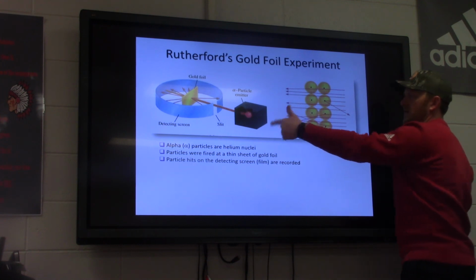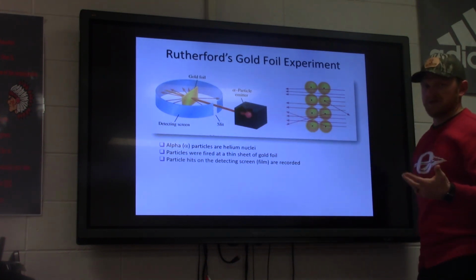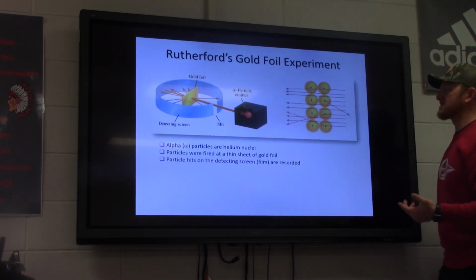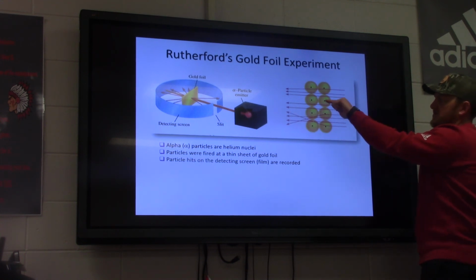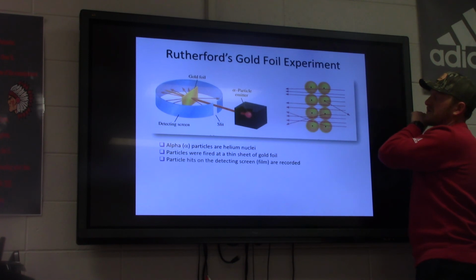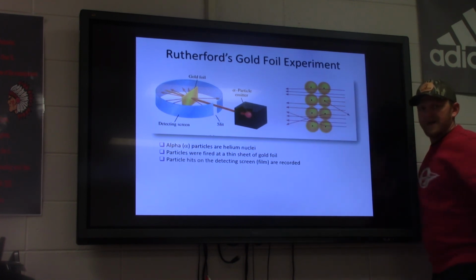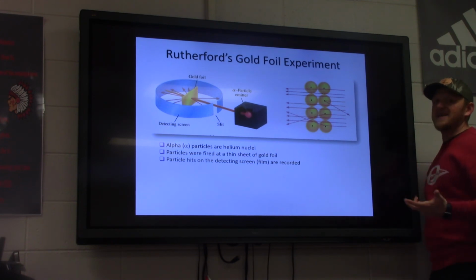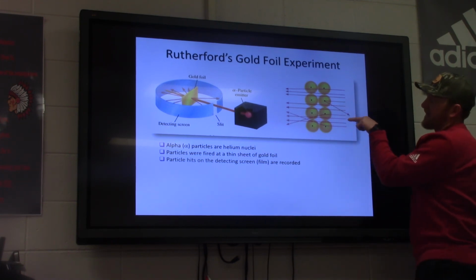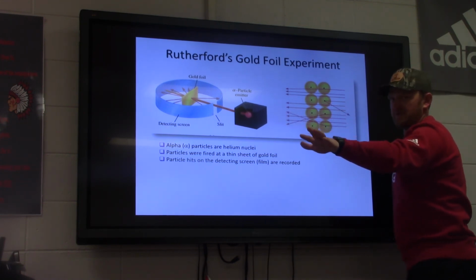And remember, these particle emitters are a positive charge. If this goes through as a positive charge, a positive and a positive are going to reflect. So when this would hit the center of the gold foil, boom, it would bounce back. So therefore it was hitting something in the middle. If it hit maybe to the edge, it would glance off to the side, it would refract.